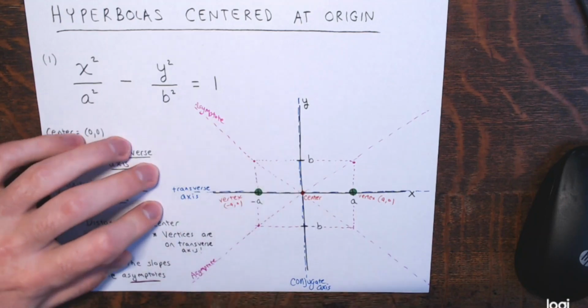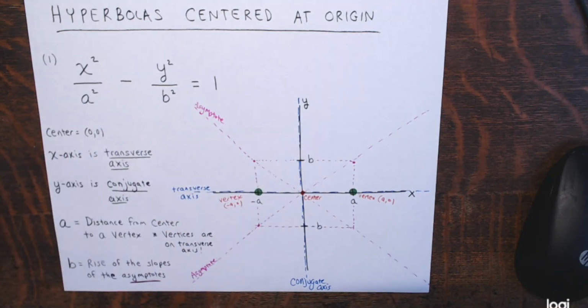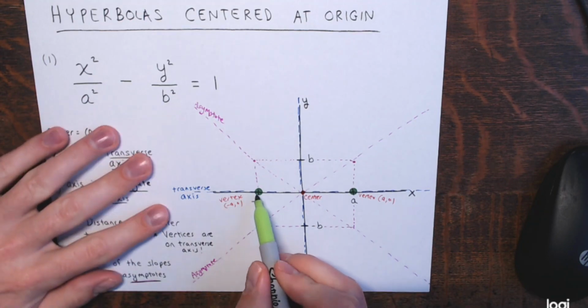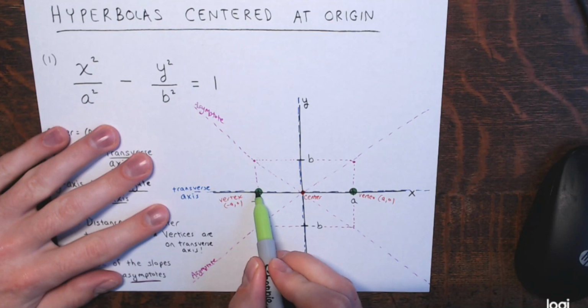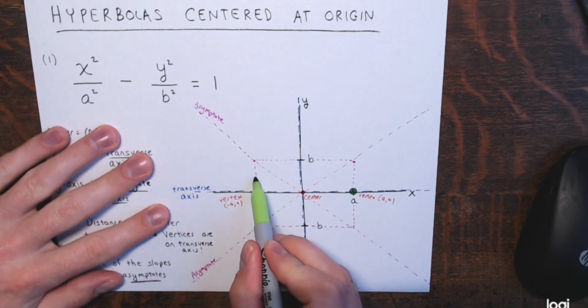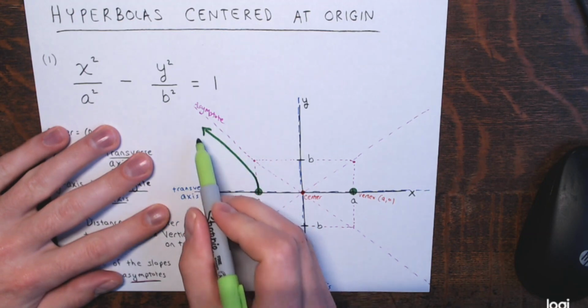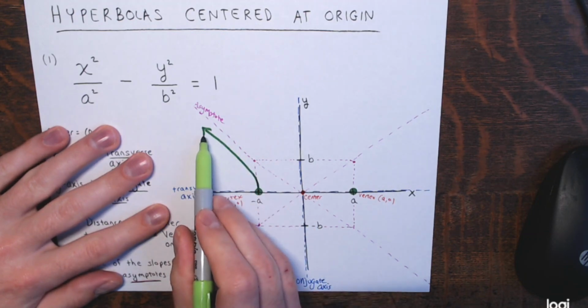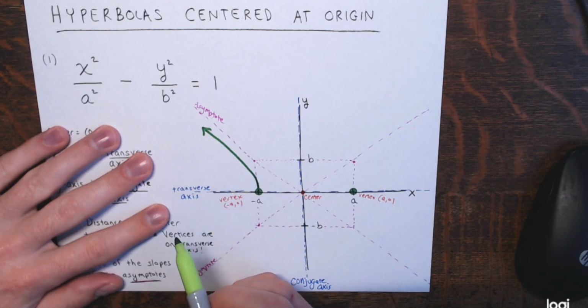And then once you have the center and the asymptotes and the vertices in, you should be able to make a rough sketch of the hyperbola. A hyperbola is just two almost parabola-looking shapes that oppose each other. So here, again, they kind of follow along this box and toward the asymptotes. So something like that. As you go further away from center, the curve gets closer and closer to the asymptote without actually touching it.